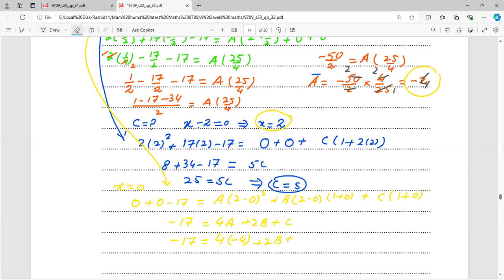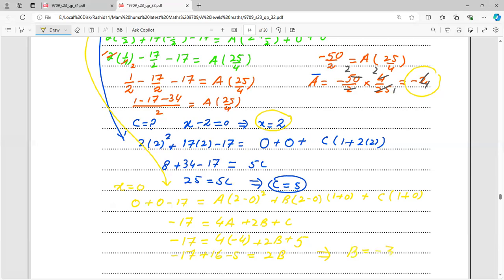So I have to replace C by 5. -17 over here, plus 16 over here, and -5 over here, that is equal to 2B. So the answer of B will be, after doing the calculation, -17 plus 16 becomes -1, -6. So the answer of B is equal to -3, if I'm not wrong.